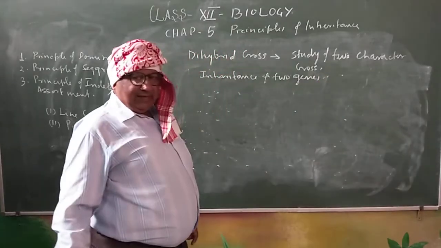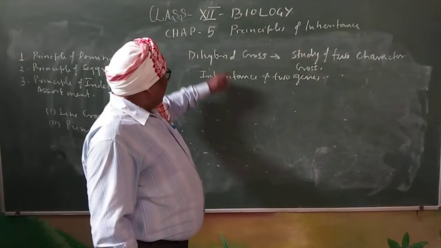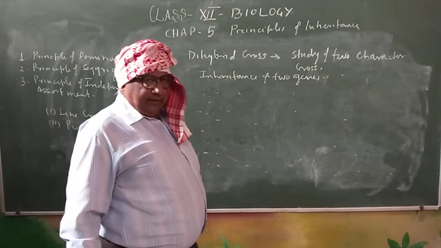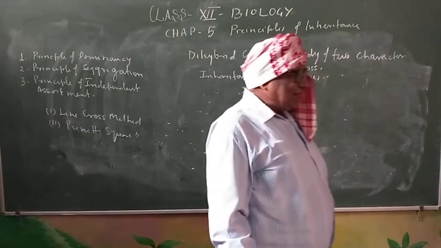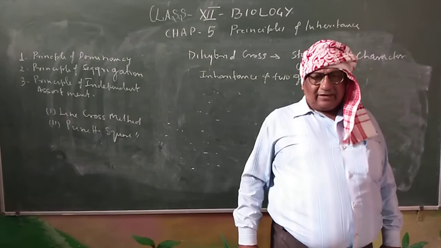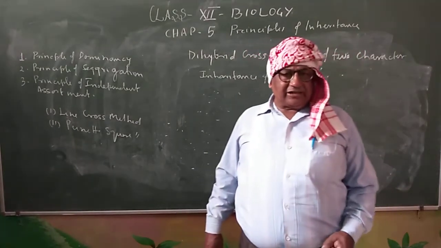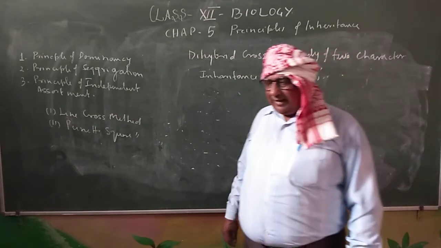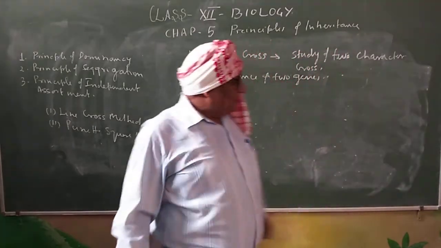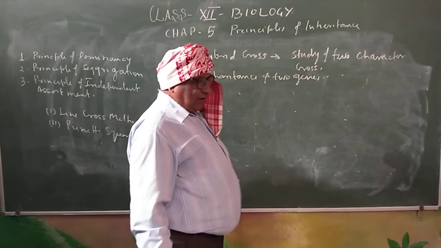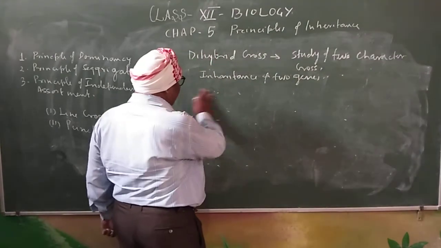Now, inheritance of two genes means a dihybrid cross. In dihybrid cross, we shall study two characters, in place of monohybrid cross, where we studied one character at a time. Here, what are the two characters we should take? We should decide in such a way.